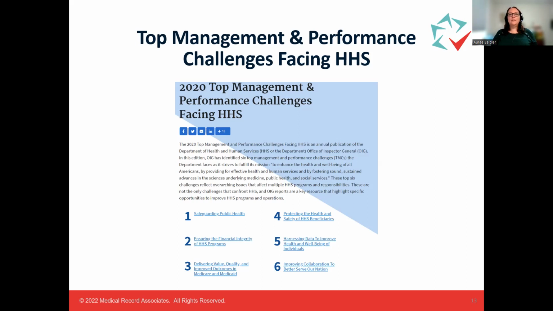And then I think key for a lot of the things we see on the OIG work plan is the financial integrity of the programs. With 2.8 trillion in budgetary resources, that's a lot of money. Medicare being the largest health insurer, with more than 1 billion claims per year, and then Medicaid as well with 81 million beneficiaries.